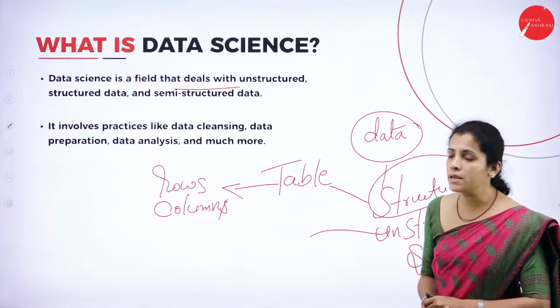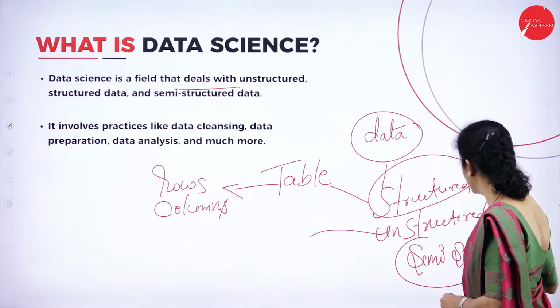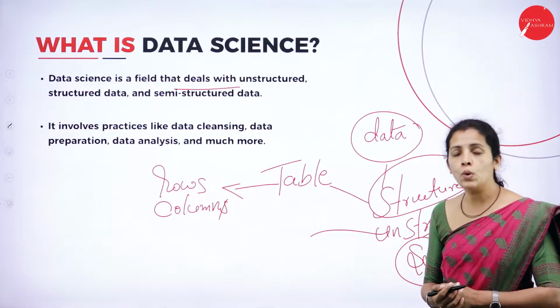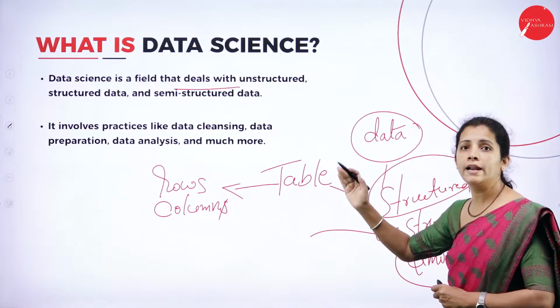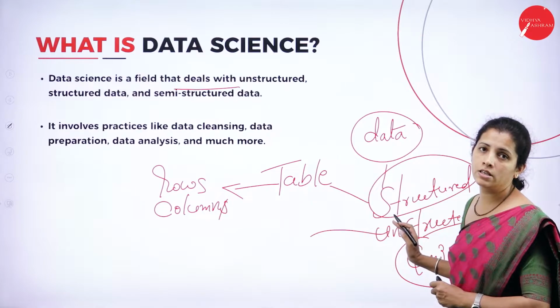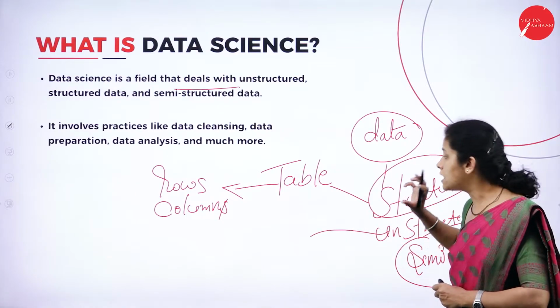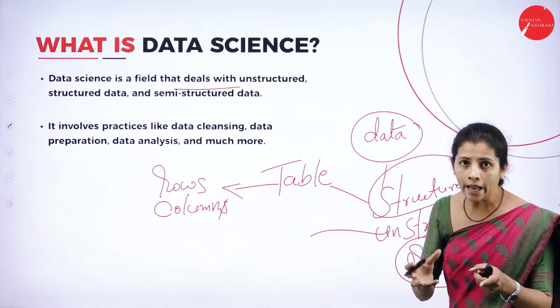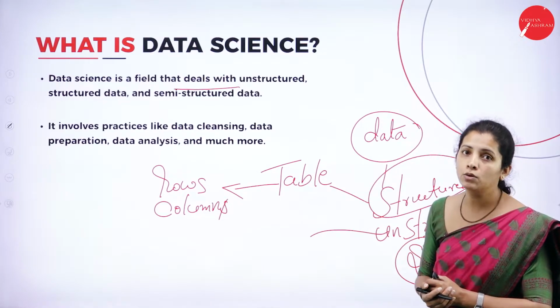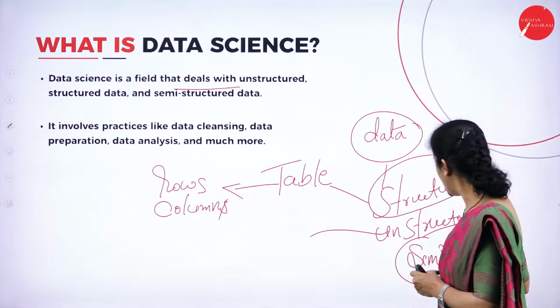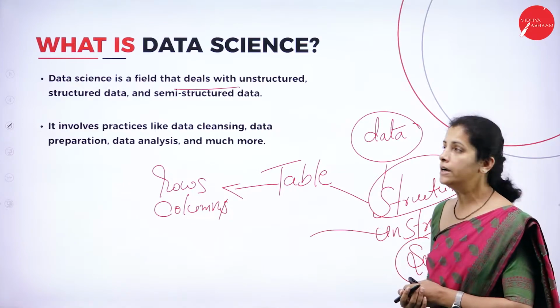Then what about semi-structured data? Semi means it includes half structured data and half unstructured data. That means some data are arranged and some data are not arranged, and those kinds of data are known as semi-structured data.